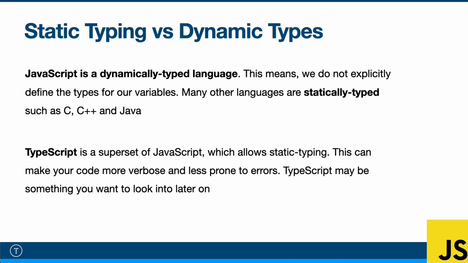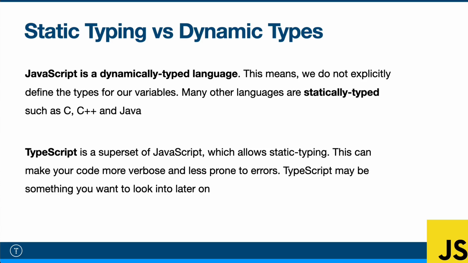It just knows it's dynamic. With many languages, you actually have to add the types yourself. Those are statically typed languages like C, C++, Java, and I'm sure that some of you have worked with some of those languages. In JavaScript, you don't explicitly set your types. However, there is something called TypeScript, which is very, very popular, and it's a superset of JavaScript, meaning that it's everything that JavaScript is.